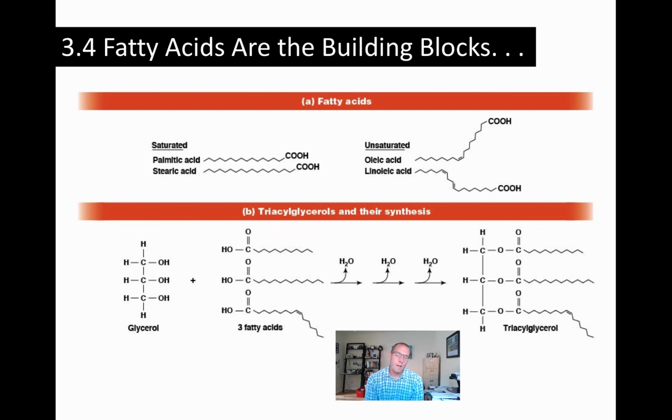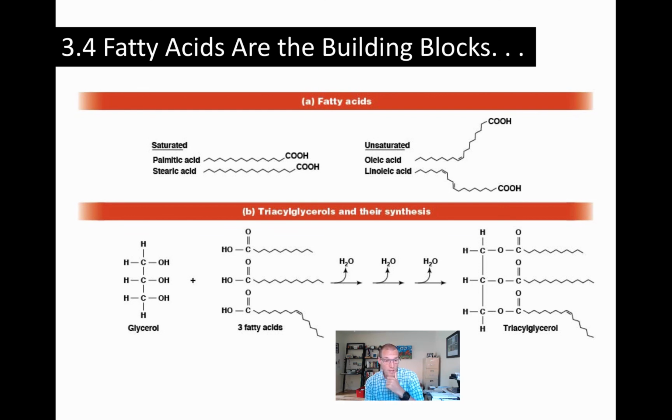You're more likely to find even numbers of carbons in the tails, and that's because fatty acids are grown and shrunk by 2 carbon increments. You take off 2 carbons, you add 2 carbons at a time, and because you start with an even number, you often see even number carbon length fatty acids.